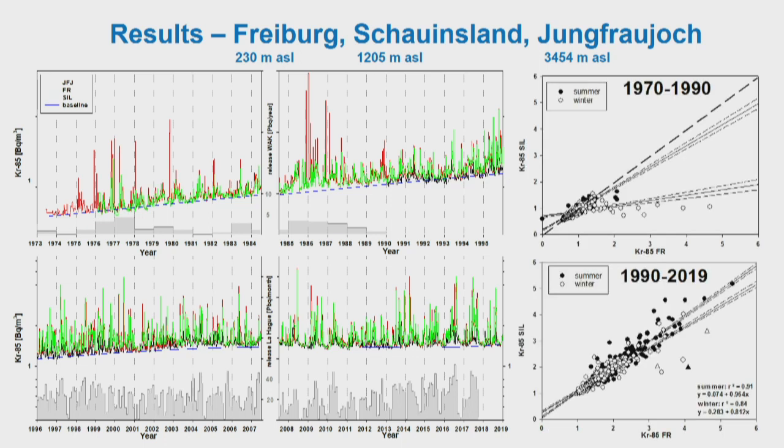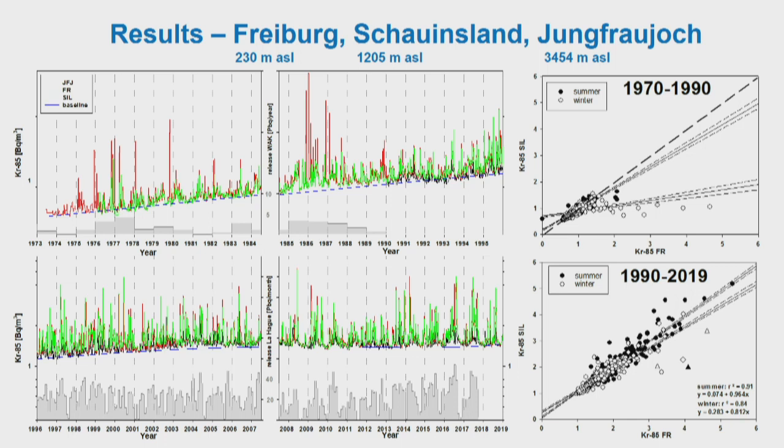One thing that you can see is that if you plot the data from Mount Schauinsland, 1,200 meters above sea level, against the activity concentration measured in Freiburg, from 1970 to about 1990 the concentrations in Freiburg were significantly higher, in particular in wintertime.